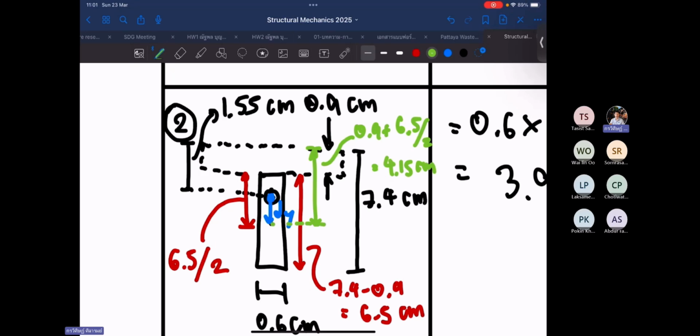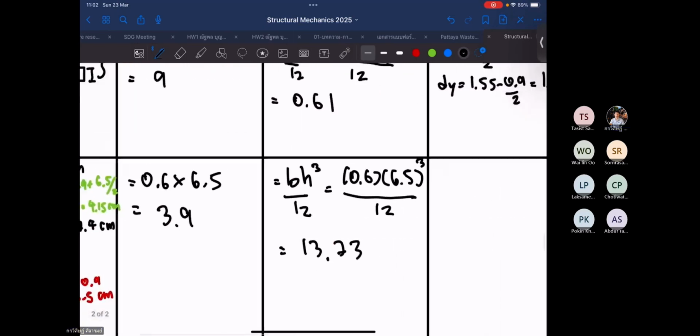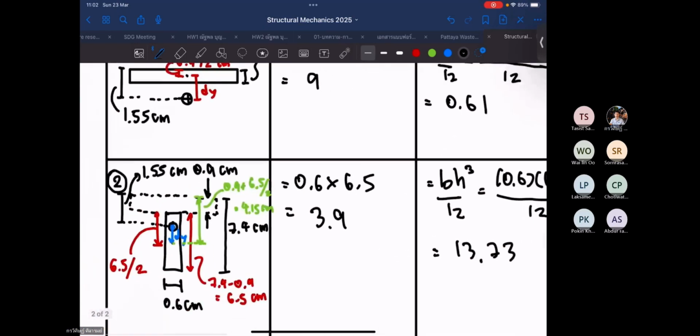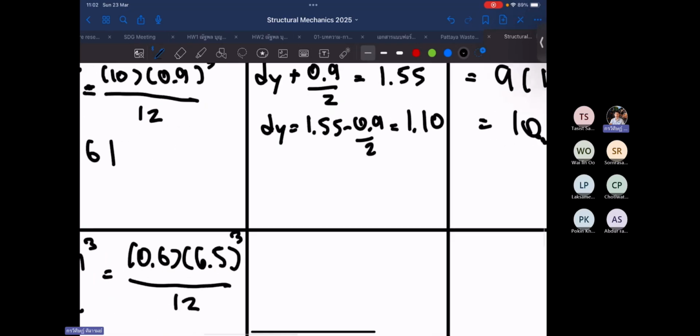Now, dy is equal to the green one minus the black one.